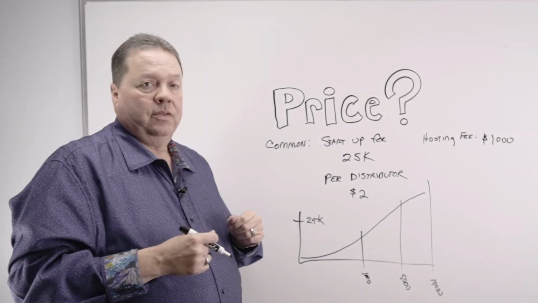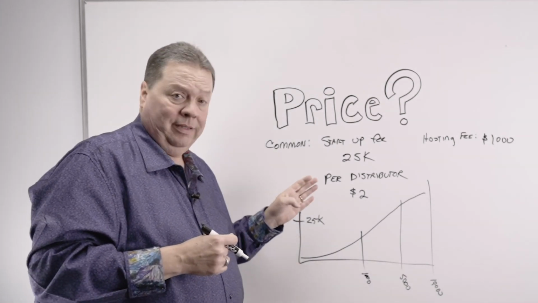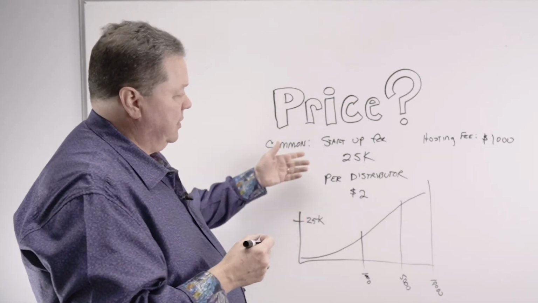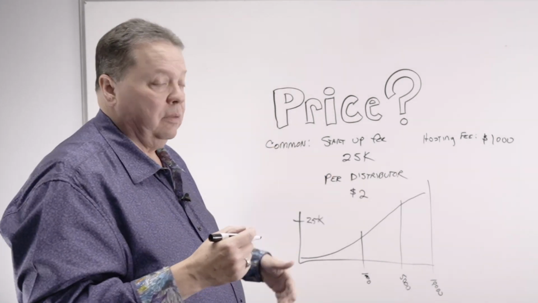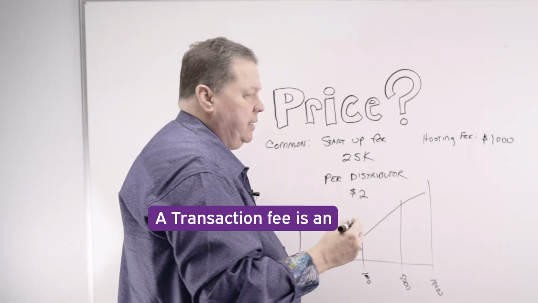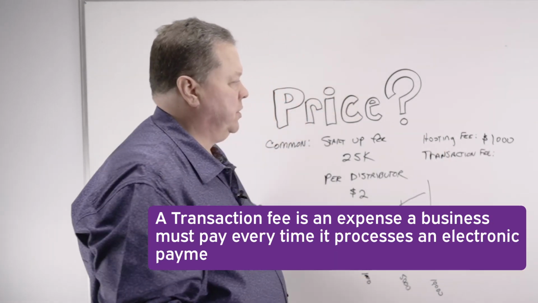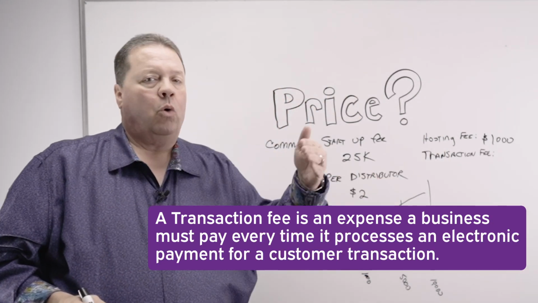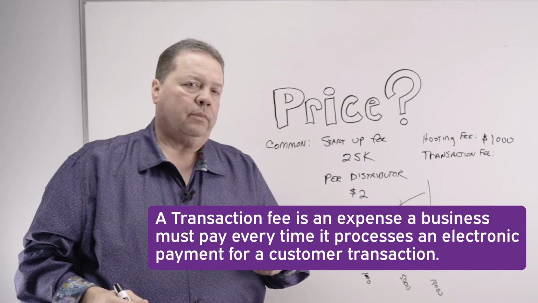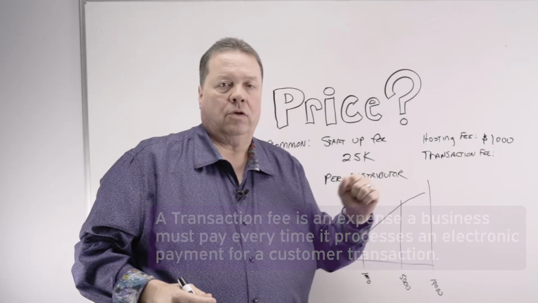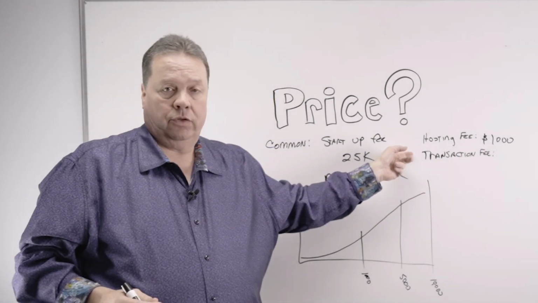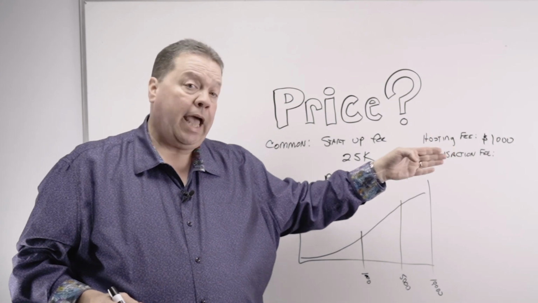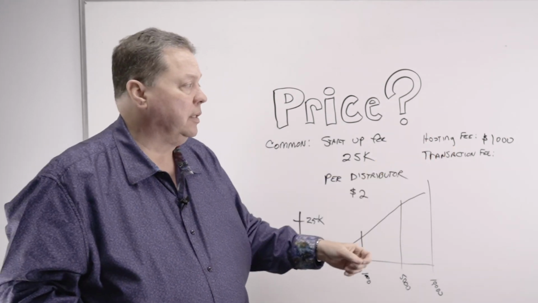This is not the end of it either. Some of these companies that have this pricing model will also have a transaction fee. What is a transaction fee? For every order processed through the system, there will be some fee associated with that. Everybody doesn't do this, but there are some that do, so you need to ask this question because it'll be in your contract.